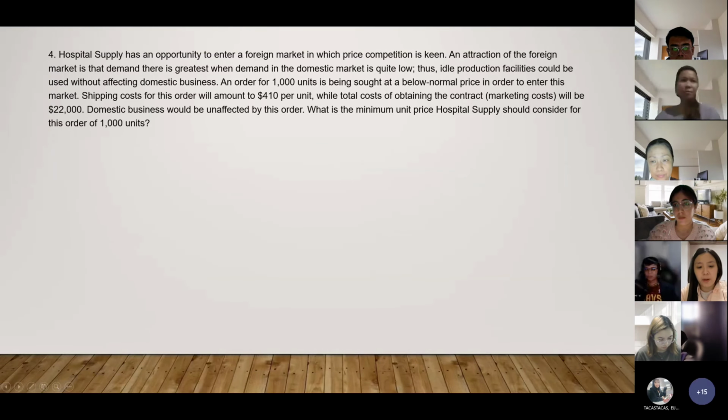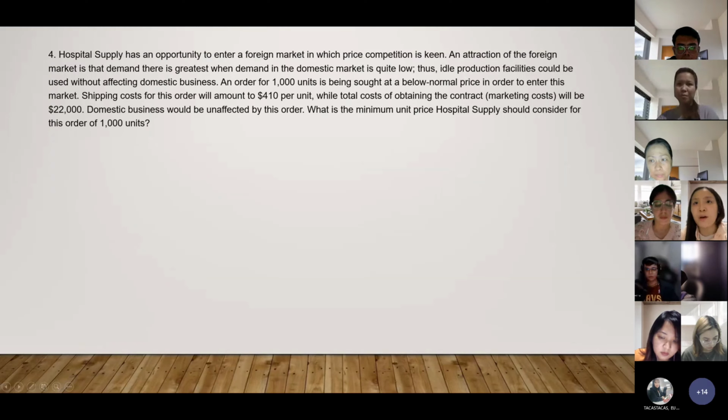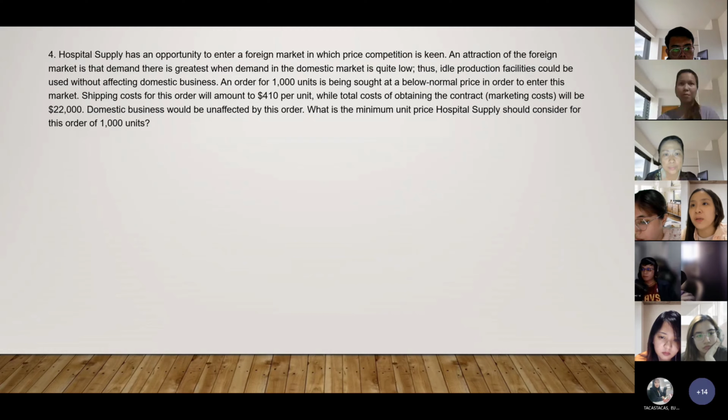Okay, for number 4 problem, Hospital Supply has an opportunity to enter a foreign market in which price competition is keen. An attraction of the foreign market is that demand there is greatest when demand in the domestic market is quite low. Thus, idle production facilities could be used without affecting domestic business. An order of 1,000 units is being sought at a below normal price.